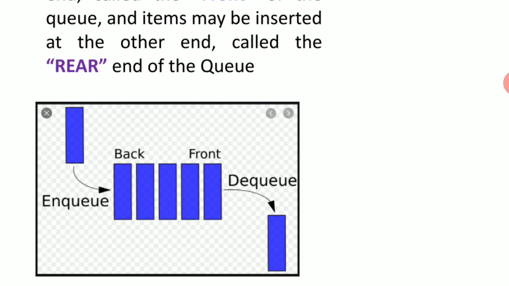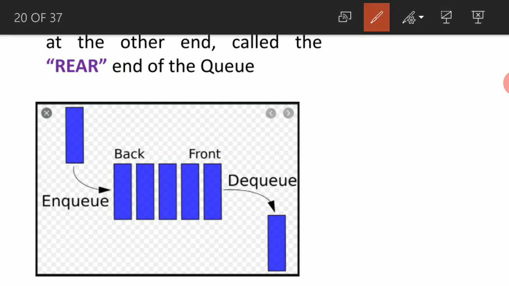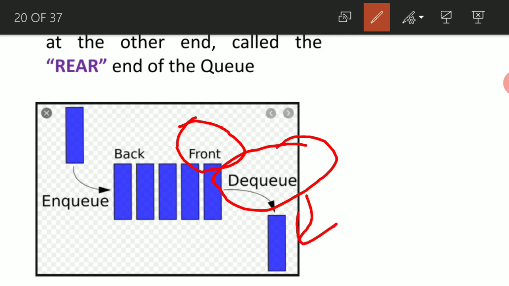Like this the queue continues, because in the queue the values are removed from the front end. The process of removing is called dequeue.